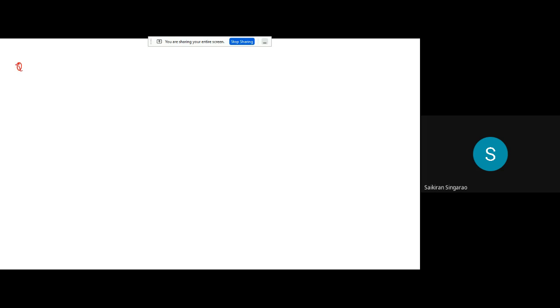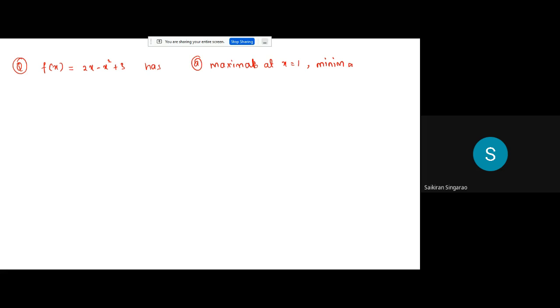Say the question is like this. Say I have f of x is equal to 2x minus x square plus 3. Option A: maxima at x equal to 1, comma minima at x equal to 5.